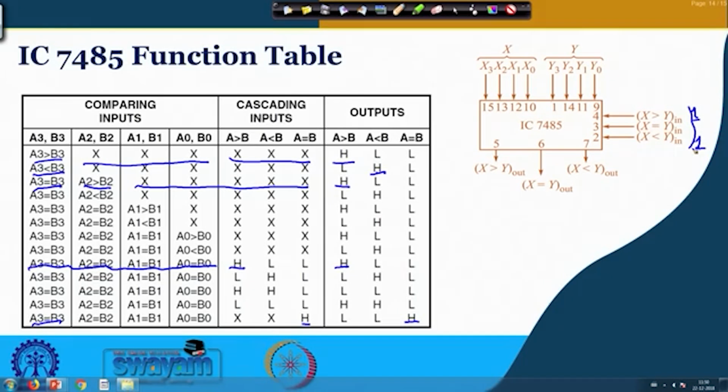But in case it happens for some reason, the circuit is made in such a manner, even though it is not expected, that if both of them are high, then the output A greater than B and A less than B are both low. If both of them are low, then both of the outputs are high. This is what is there, which we shall see can be used to our benefit in some configuration.